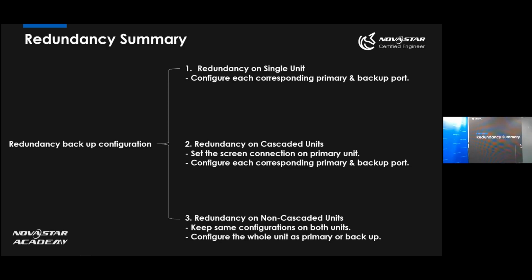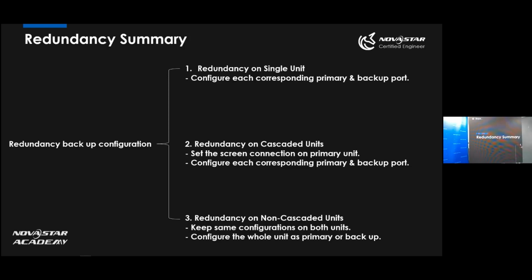And the third one is we do the redundancy on non-cascaded units. It means we connect the control PC with multiple devices by USB cable or Ethernet cable separately. In this kind of situation, the devices don't know the primary and backup relation.